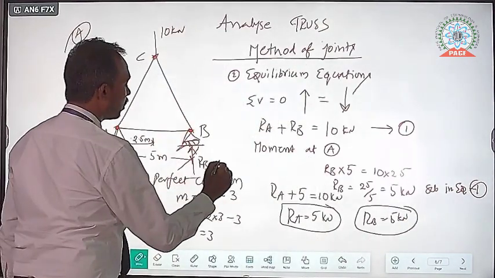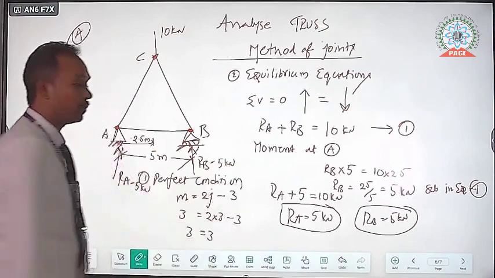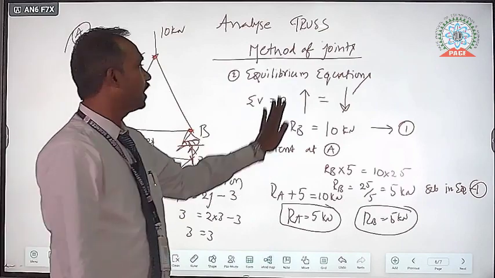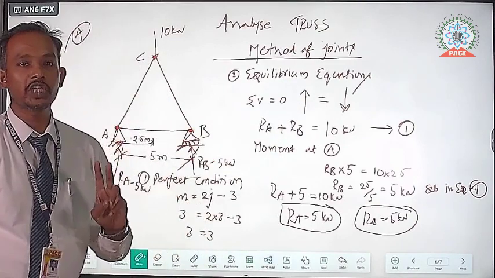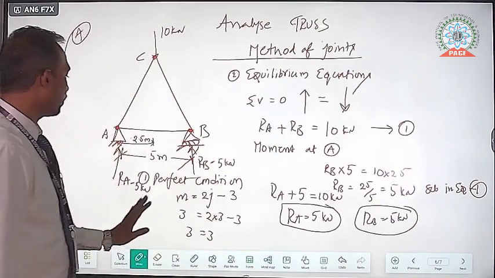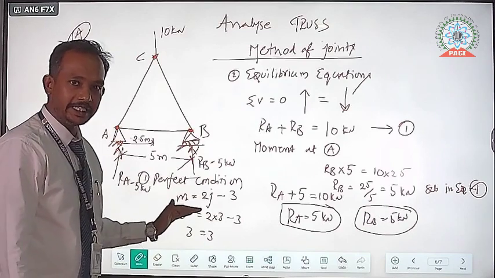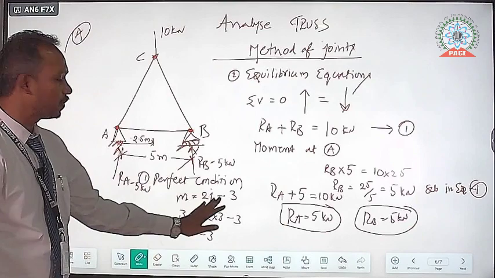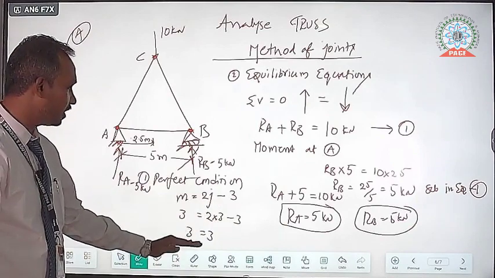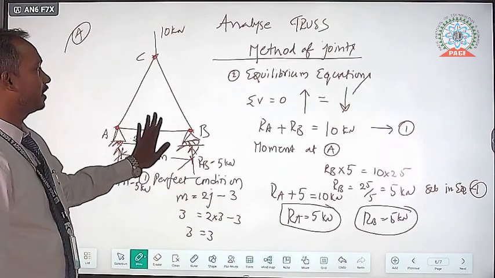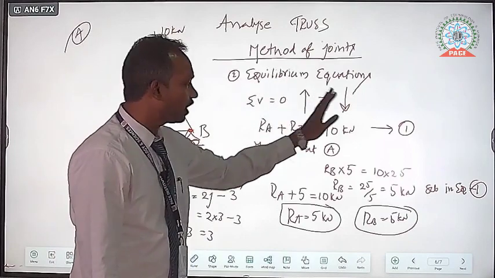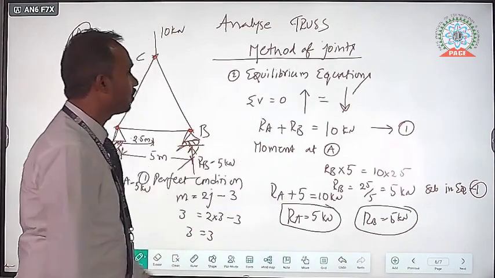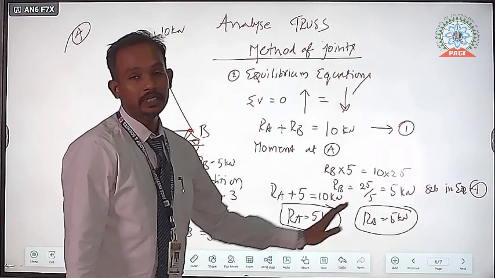So reactions we have calculated by using the equilibrium equations. Two steps we have completed. Number one is the perfect condition: the number of members m is equal to 2j minus 3, so it is in the perfect stage. Second, by using the equilibrium equations sigma V is equal to 0 and sigma M is equal to 0, we can calculate the reactions.